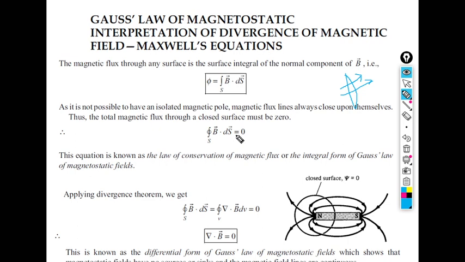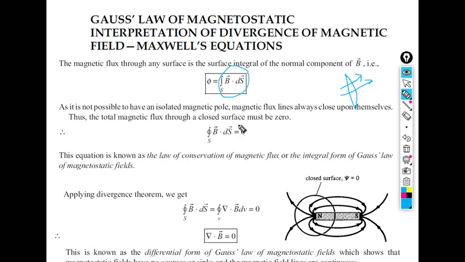Now, what does it mean? It means that if I apply the divergence theorem on this equation, taking a closed surface, just forgetting everything else. This was the definition of open surface. Now I am taking up to this part, so this is a closed surface.